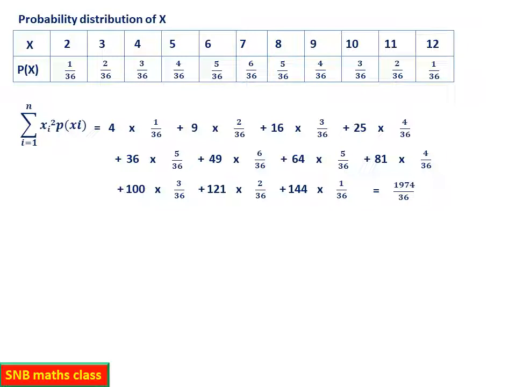So this you have to simplify first. This will be 1974 divided by 36. When you simplify, you get, of course, a fraction, so 54.83. So this is the sum.